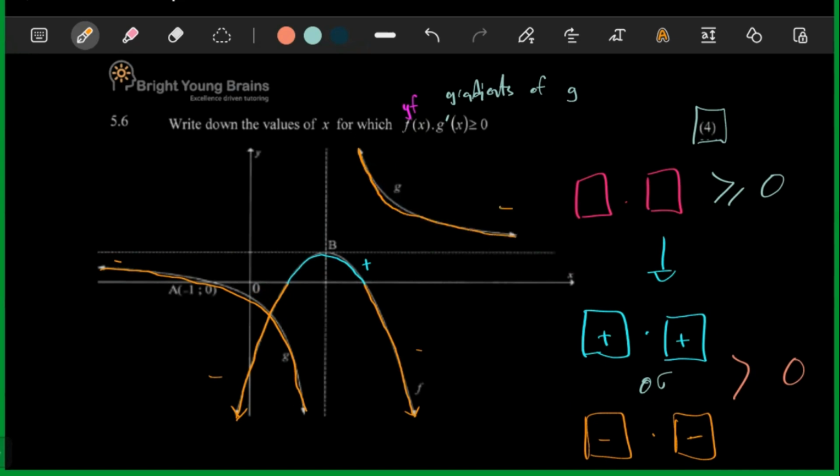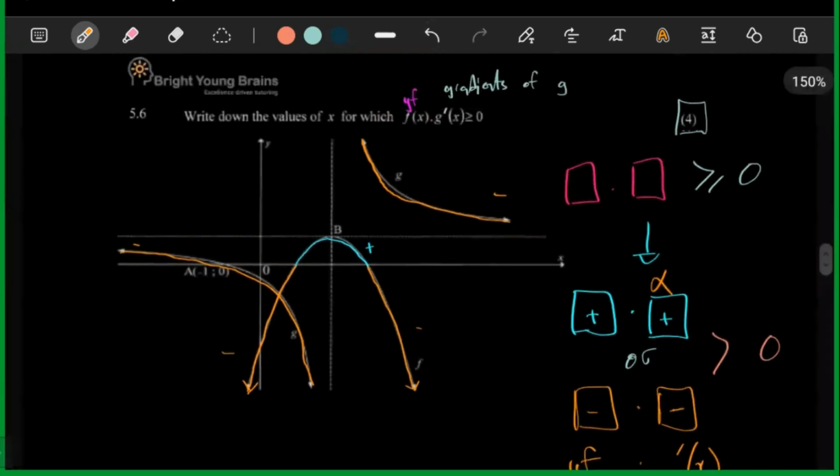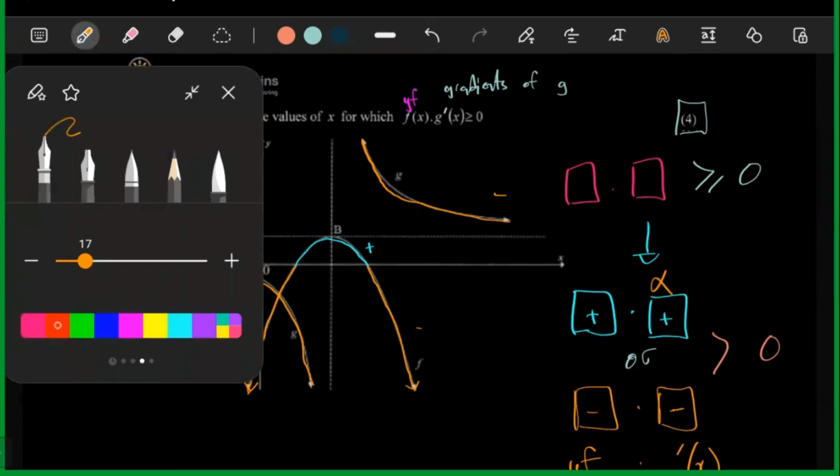So all this is negative gradient. So what that tells you is there's no scenario where you'll have positive times positive. This one is already cancelled out because you can never have a positive gradient. However, what you now want to look for is where you have y values of f that are negative together with a scenario where you have the gradient of g being negative. So in that situation, you want to find out at which x values that is happening.